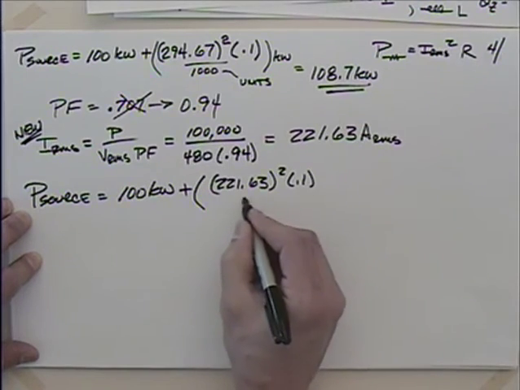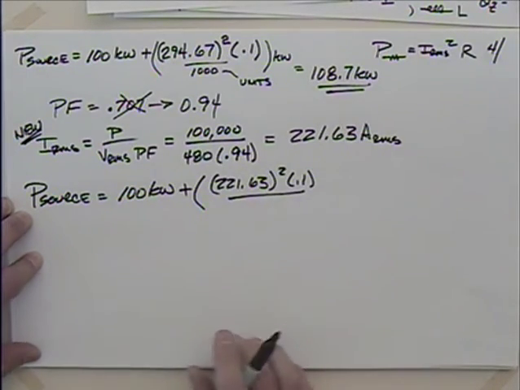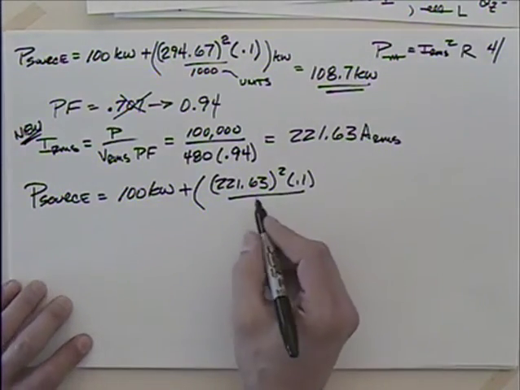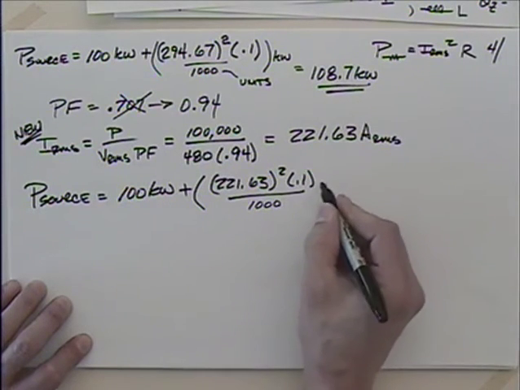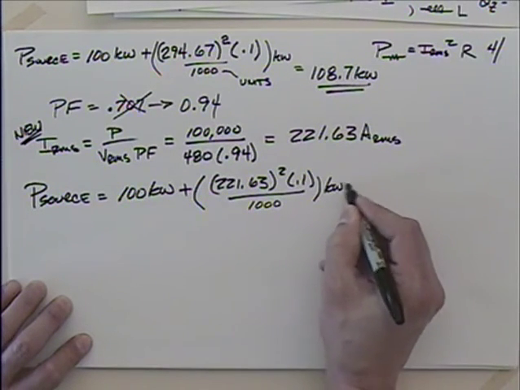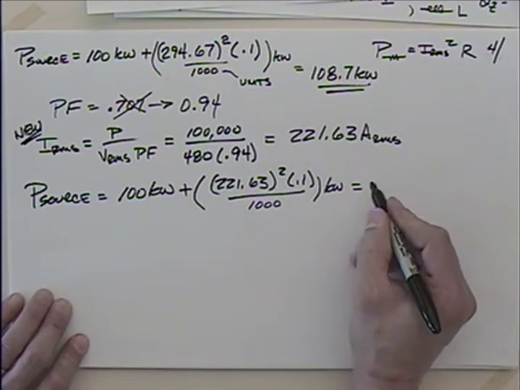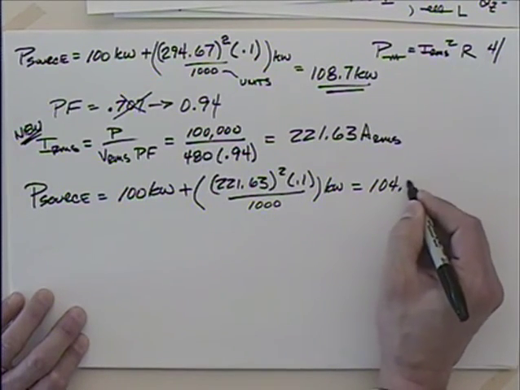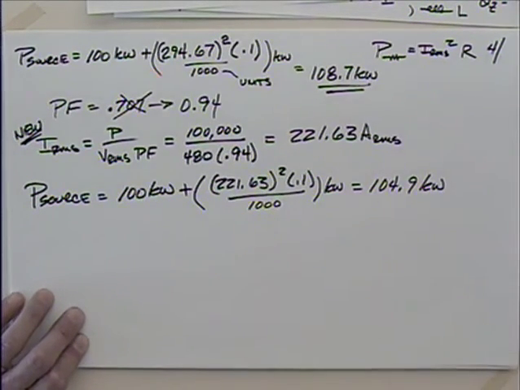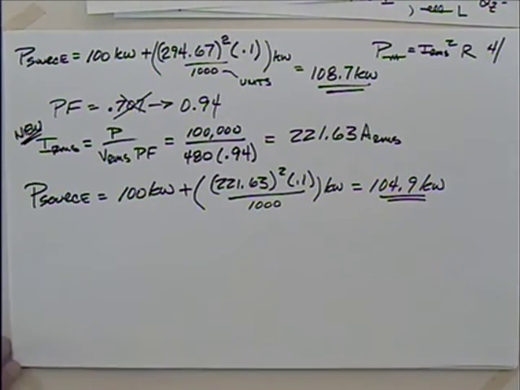That's the resistance in the line. I haven't changed that. Haven't bought new wire or anything. That's still the same. I still have this 1,000 to deal with the units so that this turns out in kilowatts and not watts. And this number turns out to be 104.9 kilowatts. So we saved about 4 kilowatts, right?